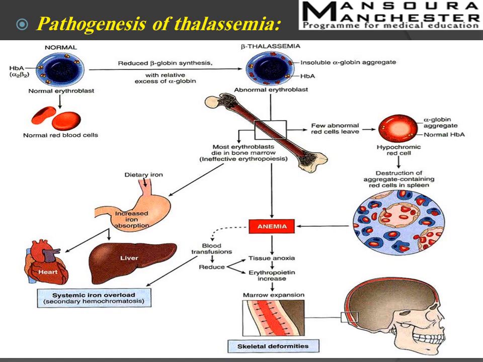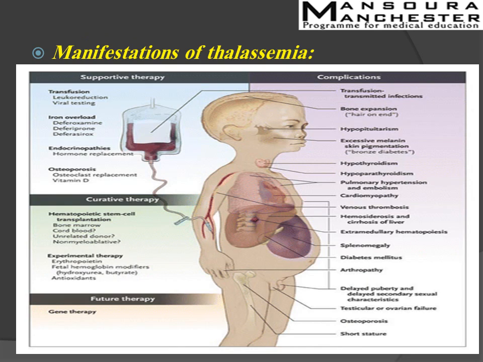And there is excess iron, due either to increased iron absorption, which results in systemic hemochromatosis, and also due to dependence of these patients on blood transfusion, which results in increased iron overload.